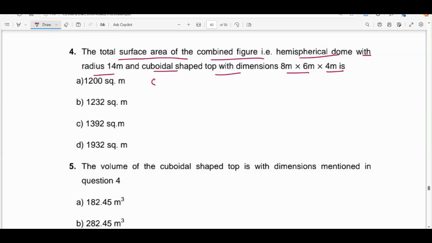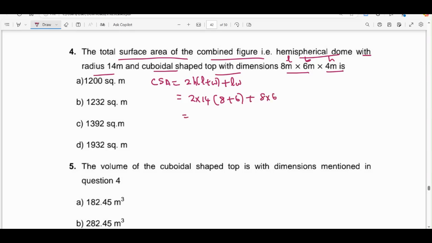The curved surface area of a cuboid will be 2h into l plus w, plus l into w. Length is 8, width is 6, and height is 4.